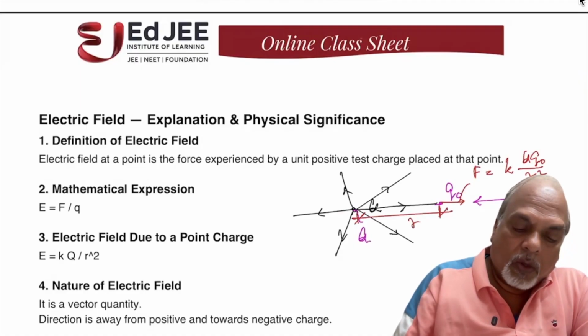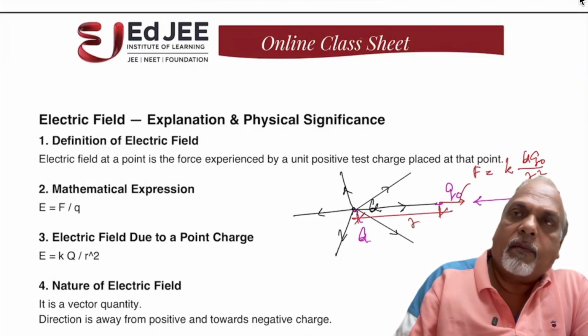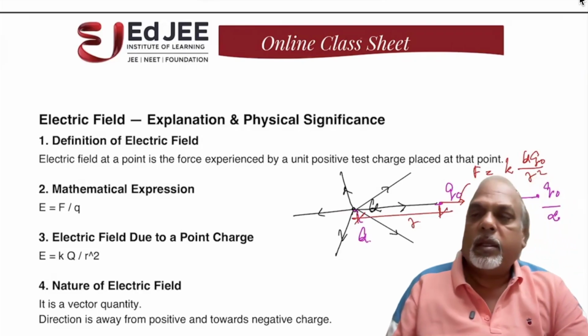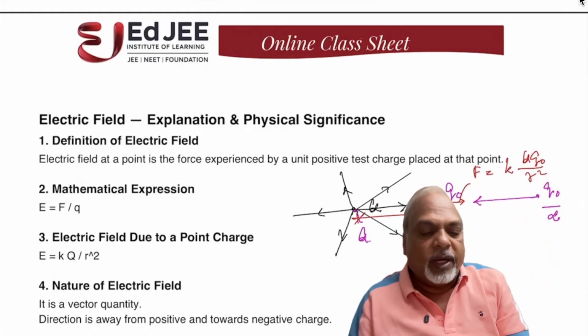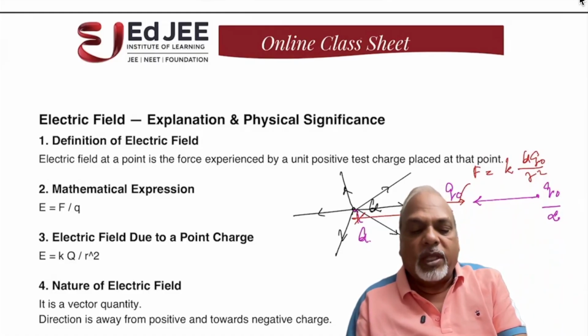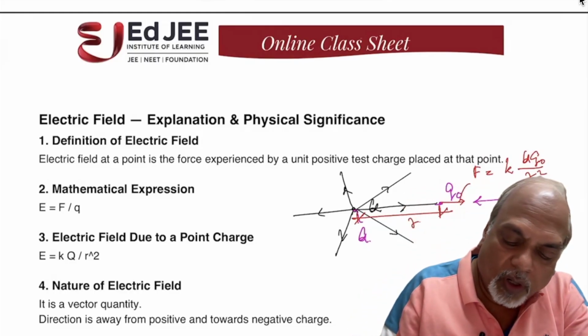Now, Q0 will also have its own field, so that there should not be interaction between the field of capital Q and the field of Q0, we take Q0 as very small.